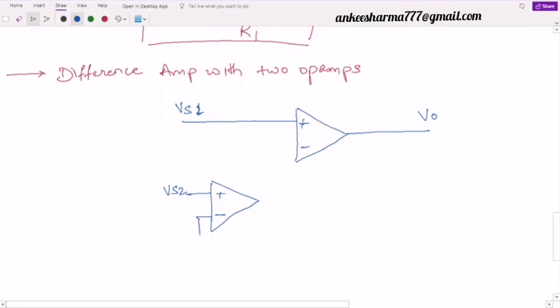Then I will have a feedback over here. This will be my feedback resistor, and this will be my series resistor, and it will be grounded.